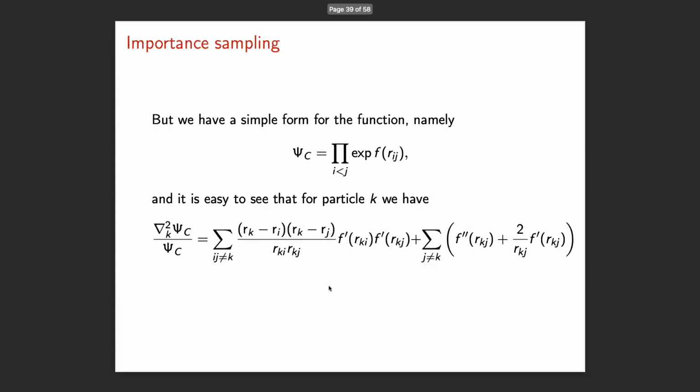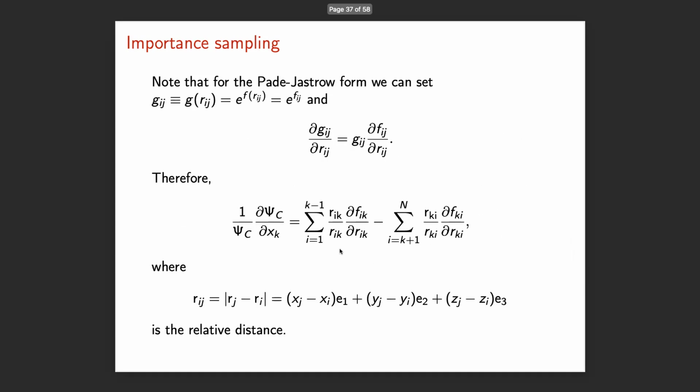So this is one of the equations which you will need to encode when you include the quantum force and the correlated part. So you would need this term, but you also need an equation for the first derivative for the correlated part of the wave function. So this gives you the gradient.